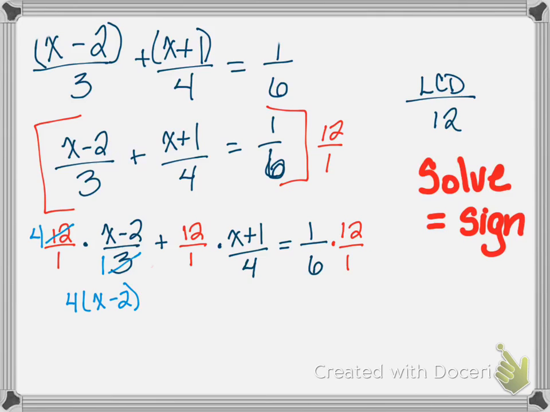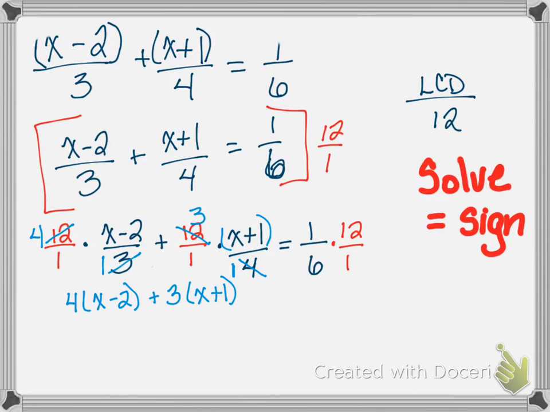What number goes into both 12 and 4? 4. How many times does 4 go into 4? How many times does 4 go into 12? Good. Okay, so then I'm left with 3 times x plus 1.